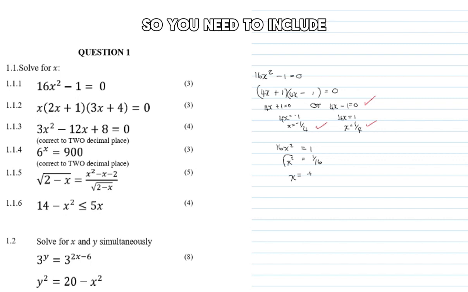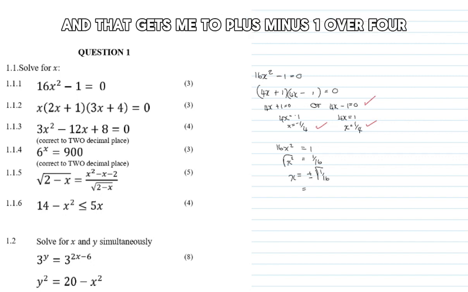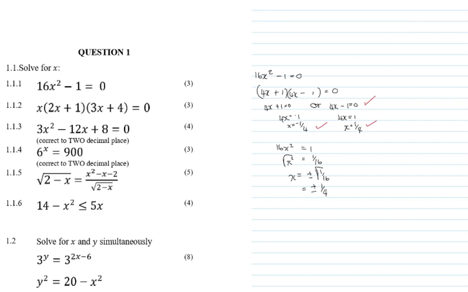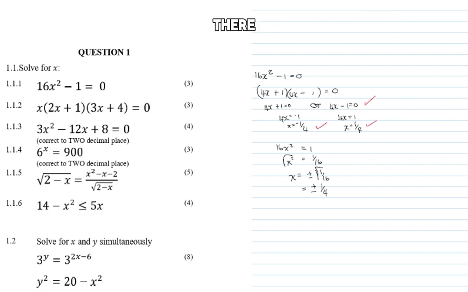You need to include the plus minus of the square root of 1 over 16, and that gets me to plus minus 1 over 4. That also could have gotten you to the 3 marks there.